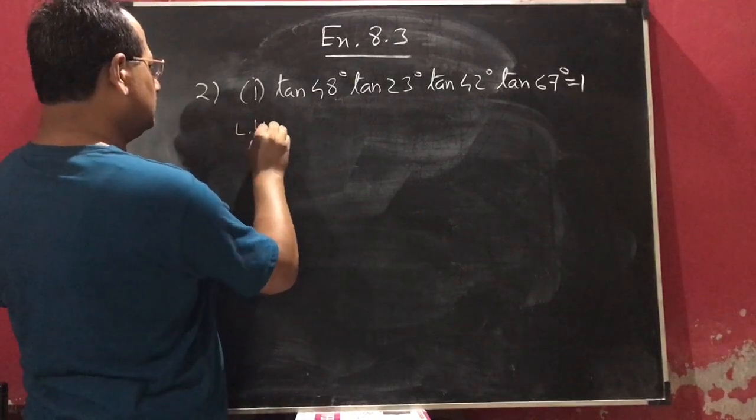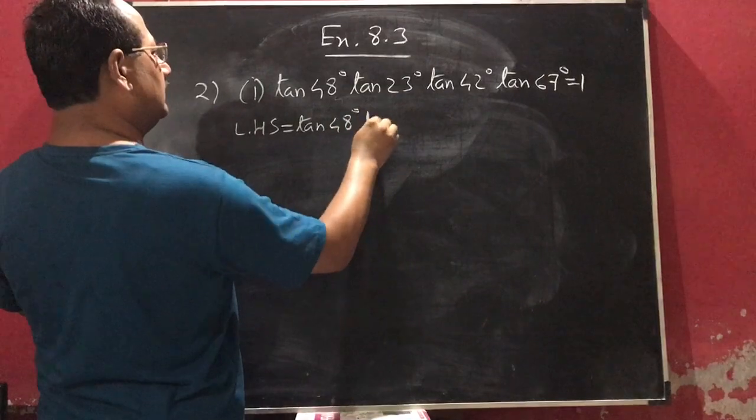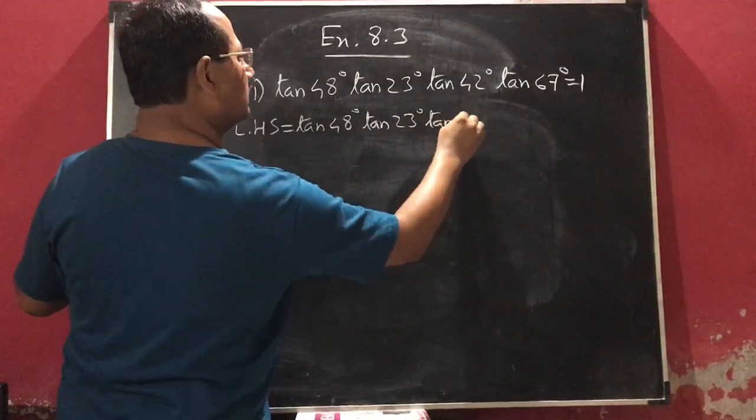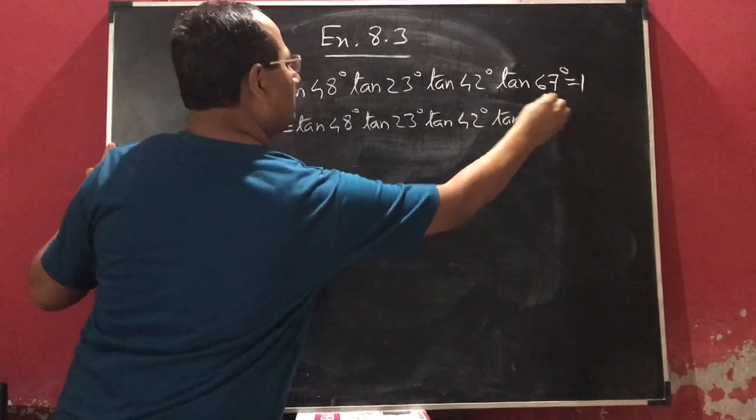Now take the left side: tan 48 degrees, tan 23 degrees, tan 42 degrees, tan 67 degrees.